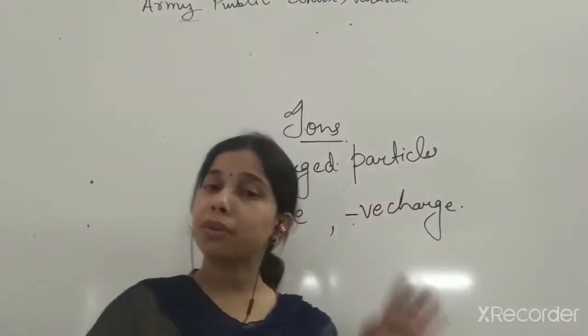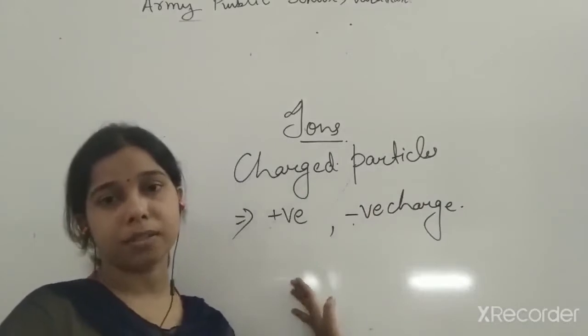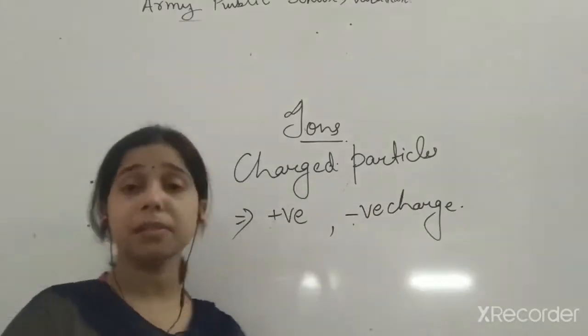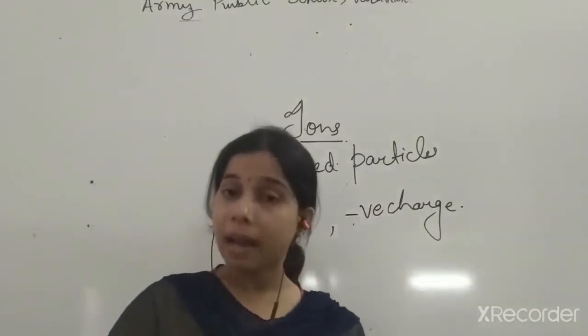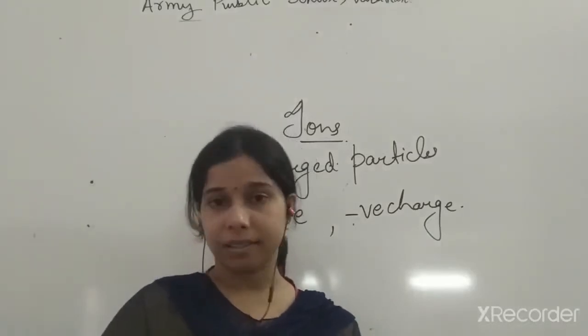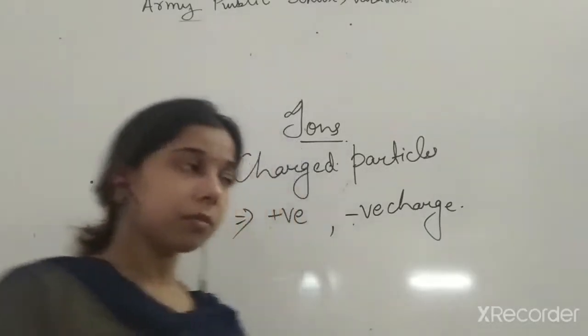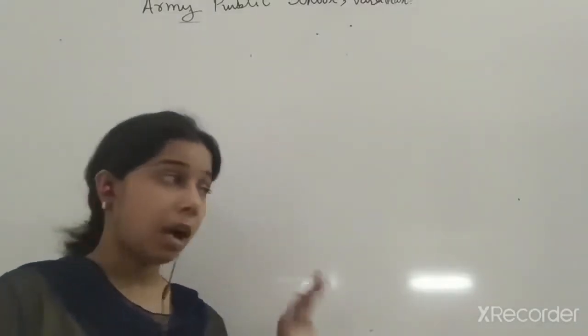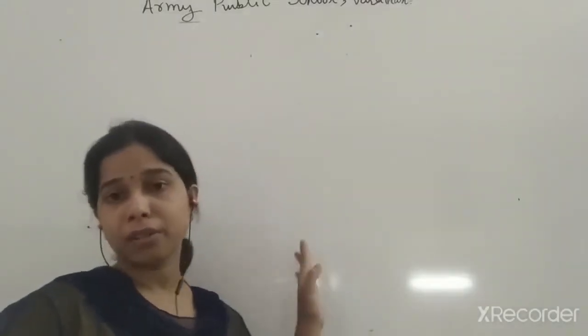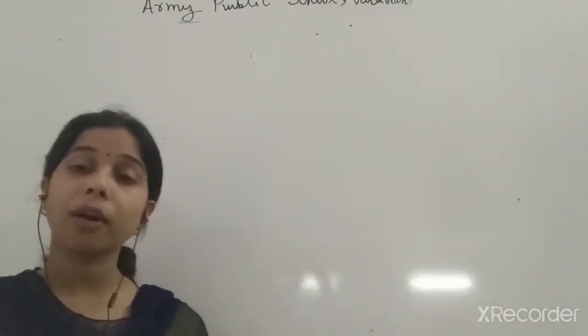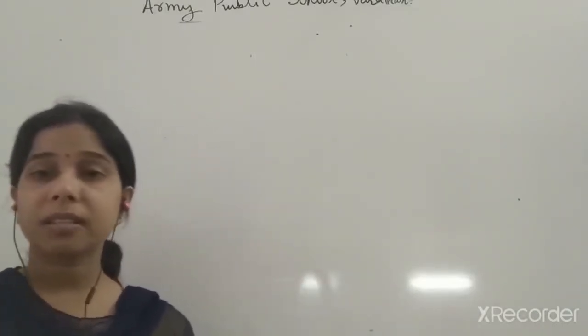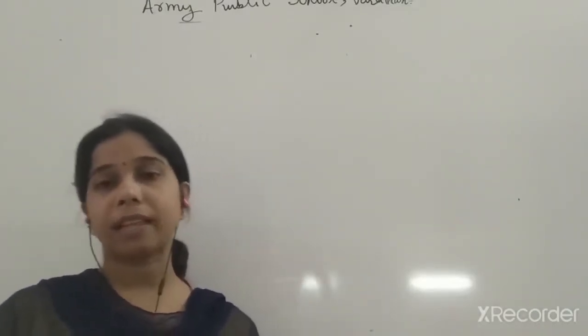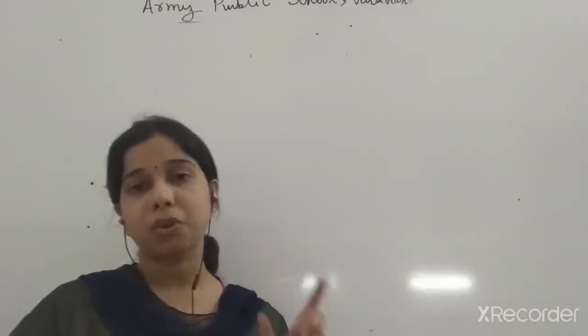Okay, so two different types of charges, either positive or negative charge, is present in the atom, that we call an ion. Okay, students? Now see, I told you that ions are the particles consisting of a positive or a negative charge on it.